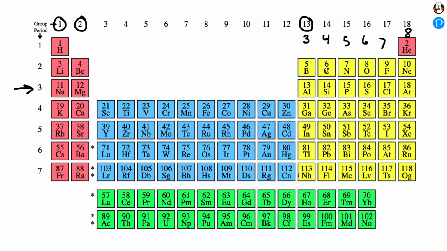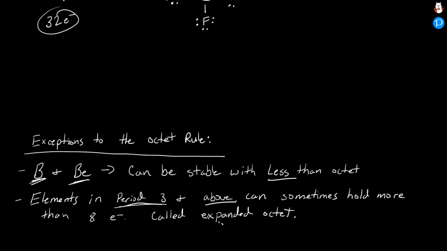Whereas things like carbon, nitrogen, oxygen, fluorine don't have those d orbitals, so they're never going to be able to hold on to more than an octet. But once we start getting to these bigger elements, like sulfur, chlorine, bromine, iodine, those guys can form what is called an expanded octet.